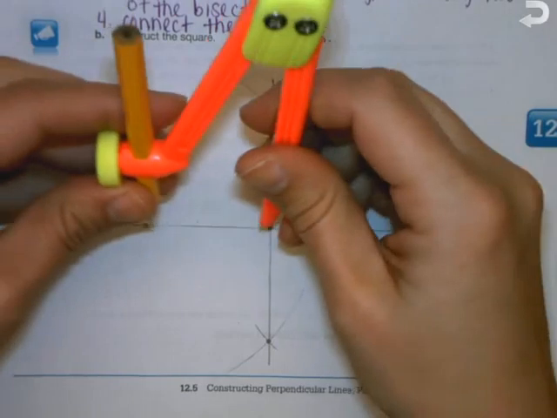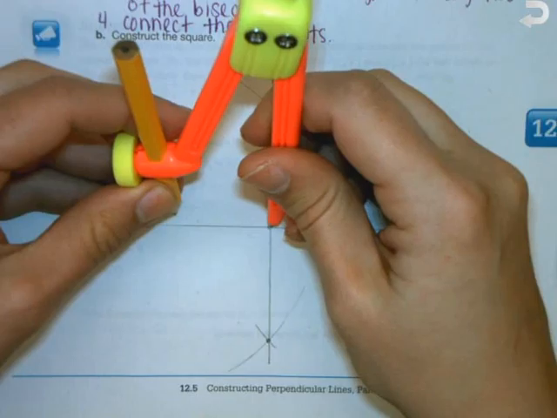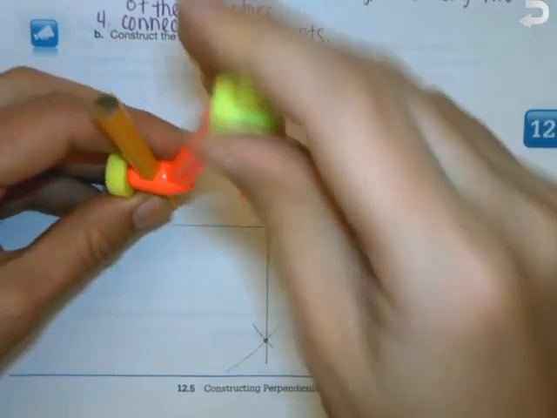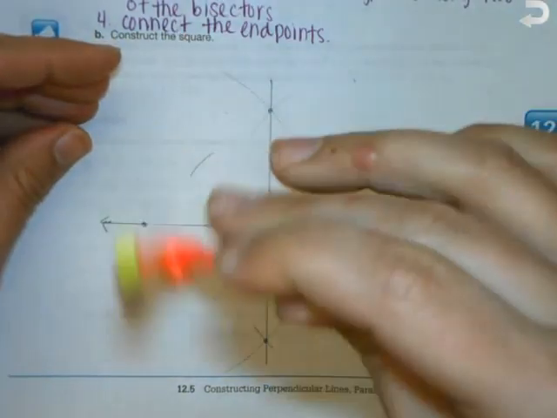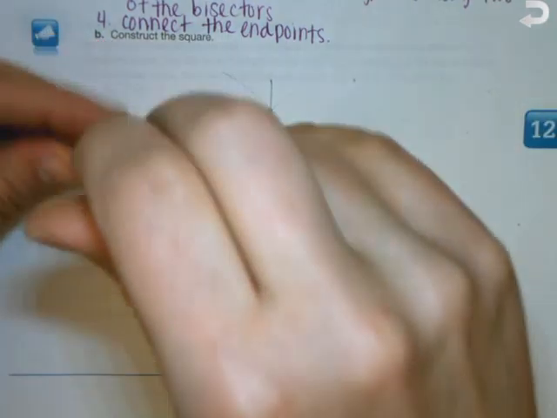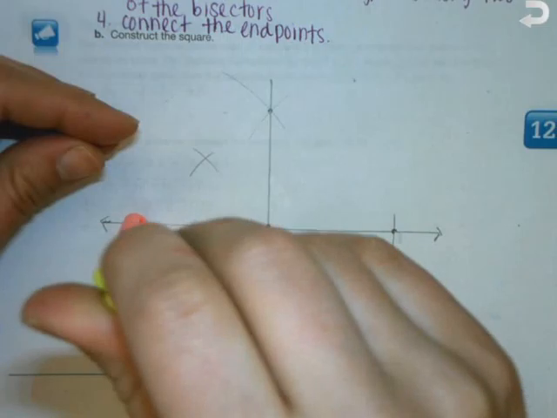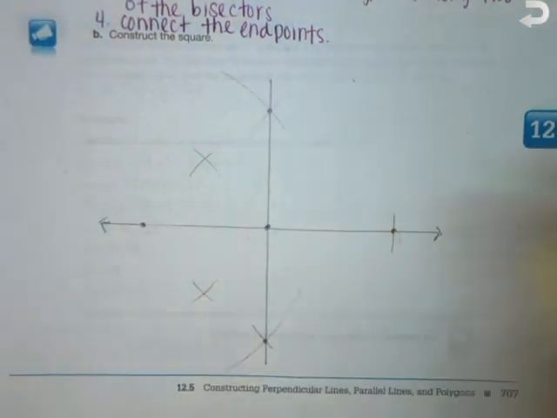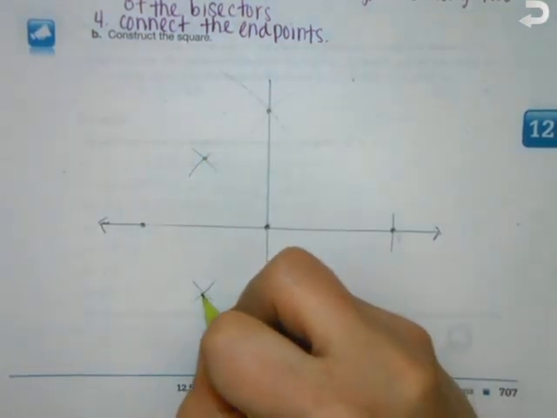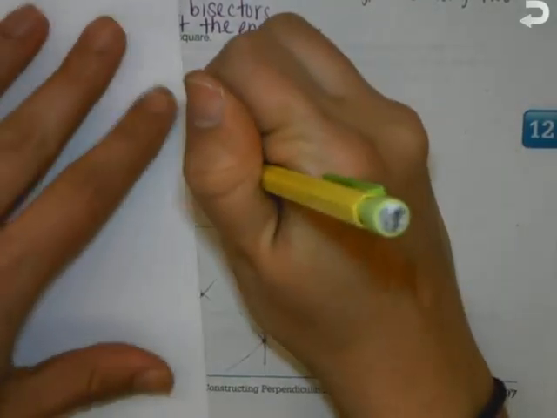So let's make our compass bigger than half and construct a bisector of half. So there's one.